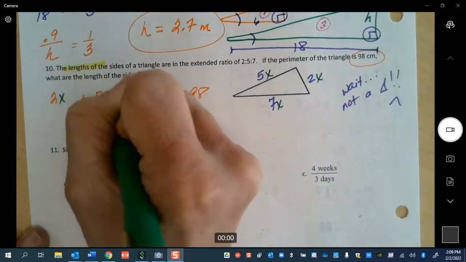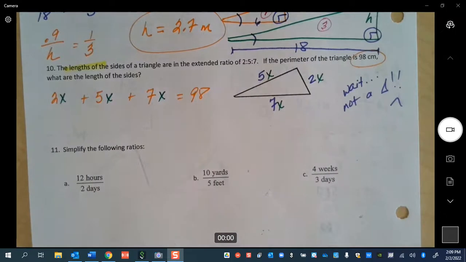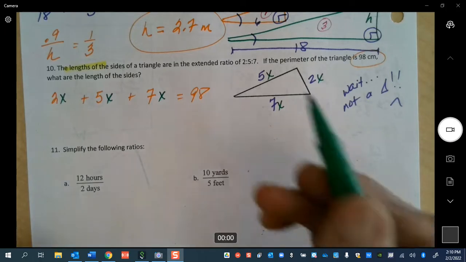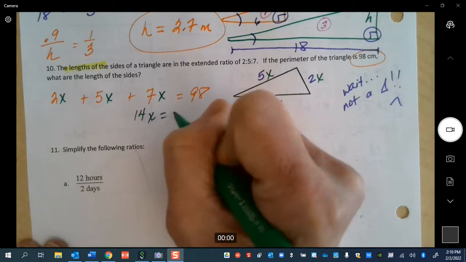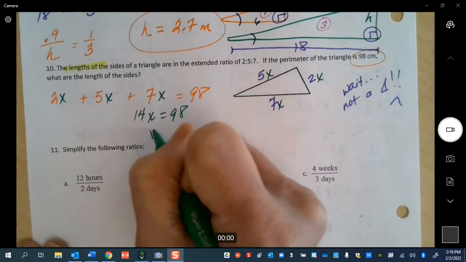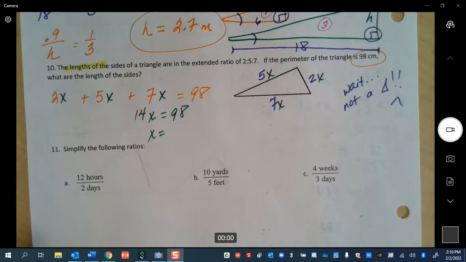If we let x equal that factor, then we can figure out what each was multiplied by, and name that scalar. Fourteen x's is 98.